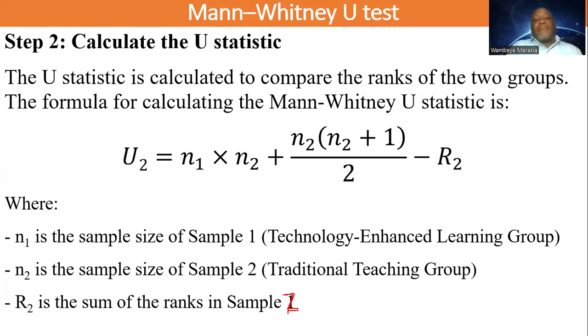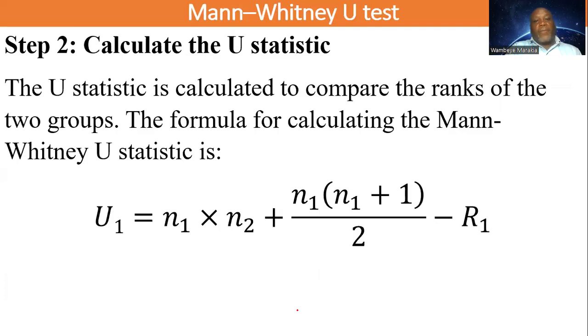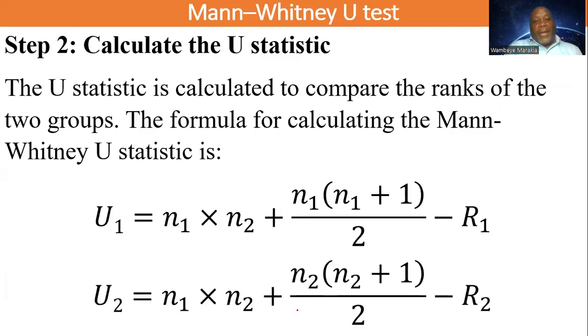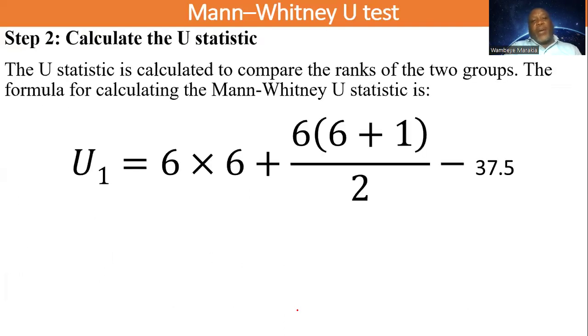Now I'm going to use both formulas so that I can substitute in my values. And this is what we have. In sample 1, the sample size is 6. In sample 2, the sample size is 6.